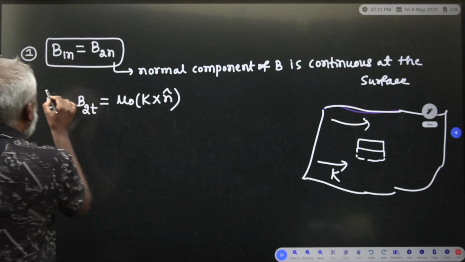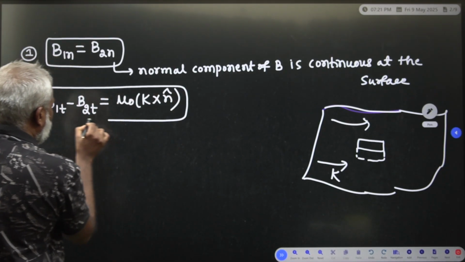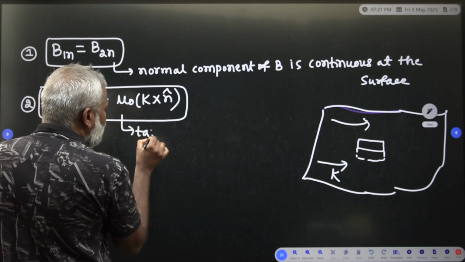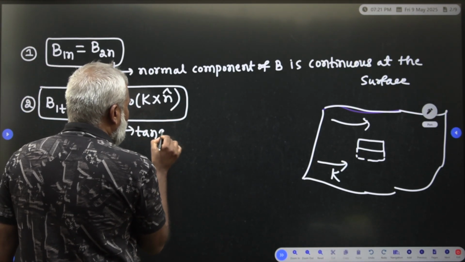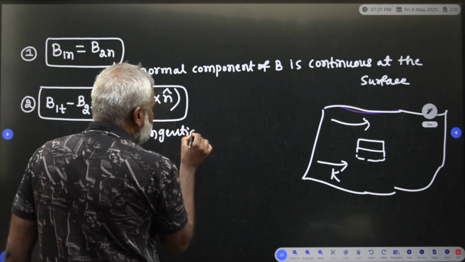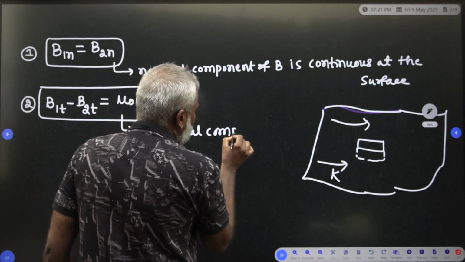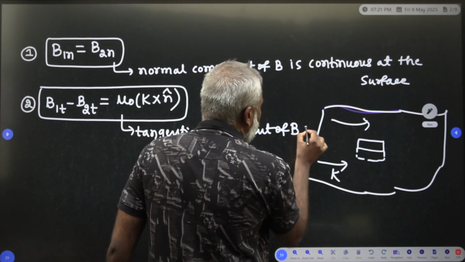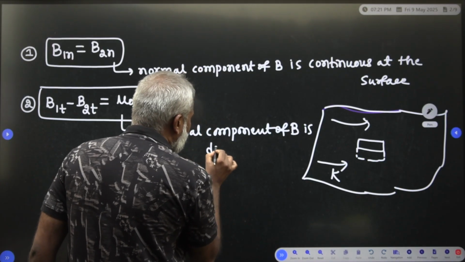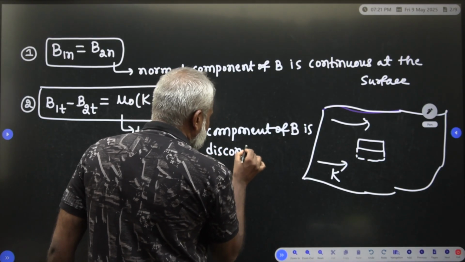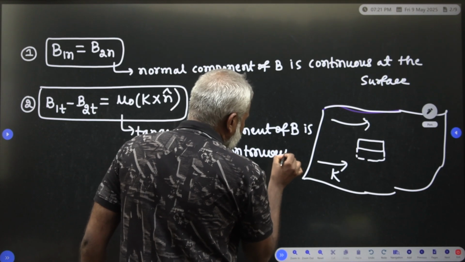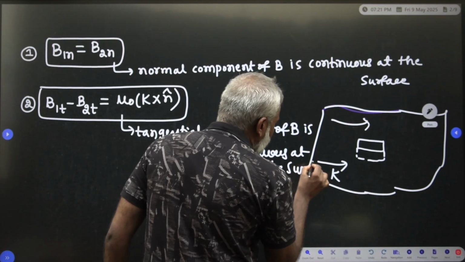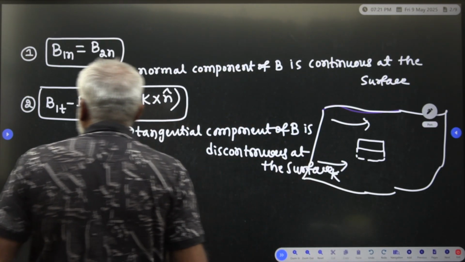The tangential component of the magnetic field is discontinuous at the boundary, at the surface. So, this is the second one.